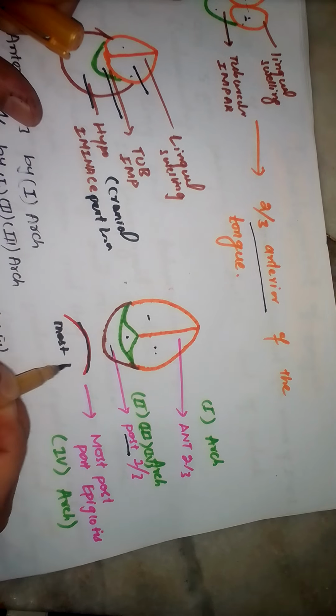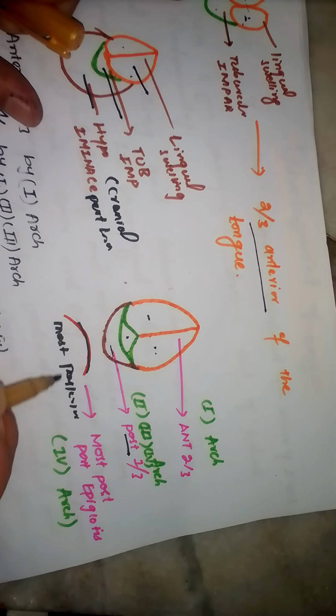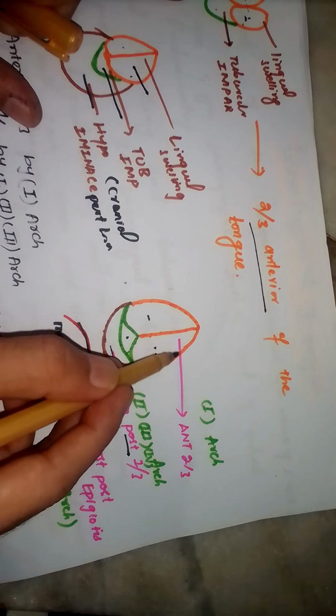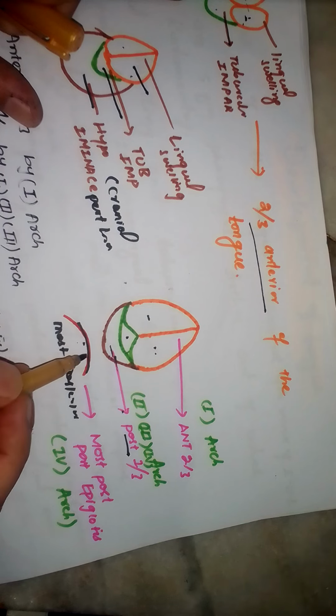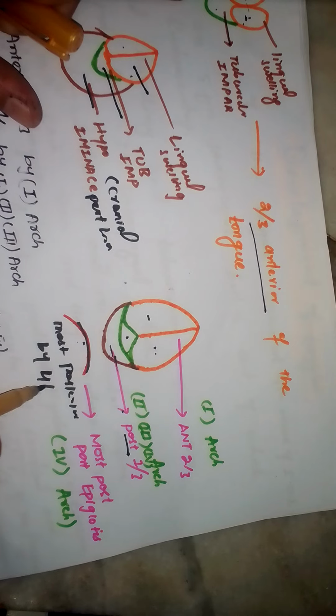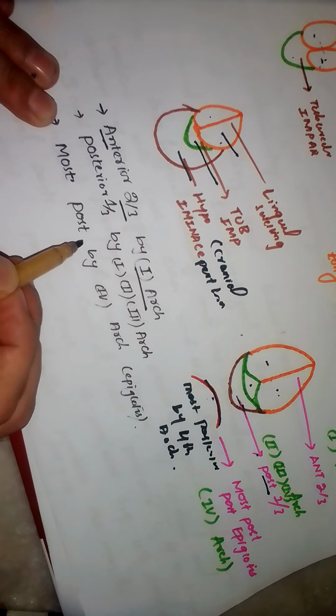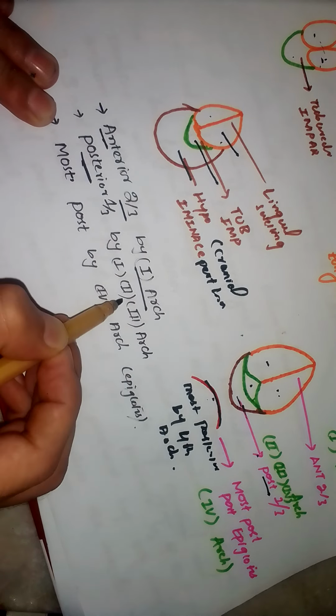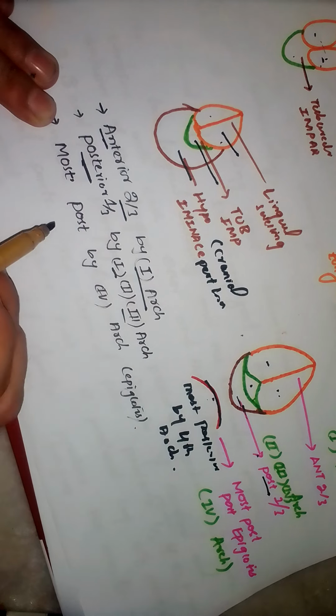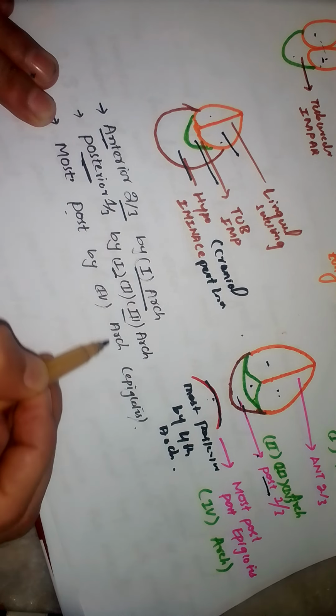So the anterior two-third is from the first pharyngeal arch, the posterior one-third from the first, second and third pharyngeal arch, and the most posterior part from the fourth pharyngeal arch.